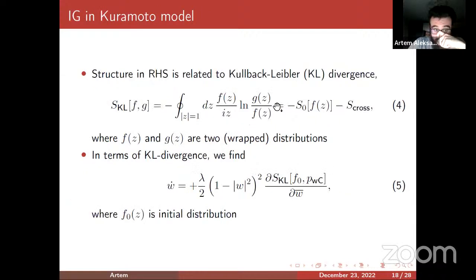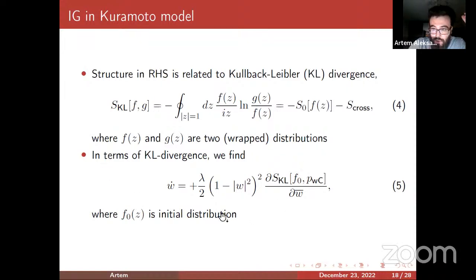And in terms of Kullback-Leibler divergence, we can rewrite our equations of motion in this form. So we see that there is a gradient flow. We can show that it is the gradient flow on hyperbolic space, and the object on the right-hand side is a Kullback-Leibler divergence.